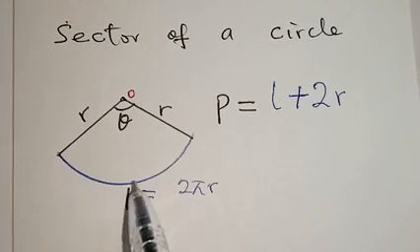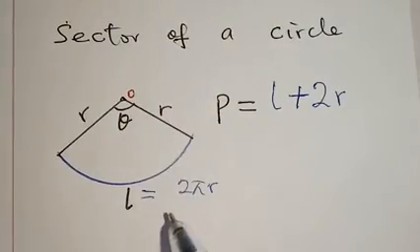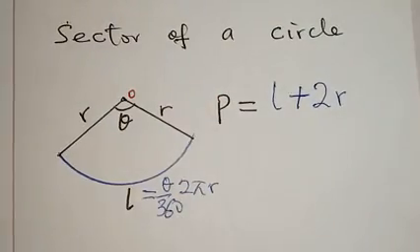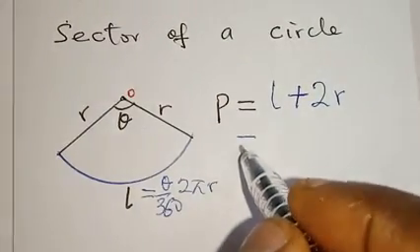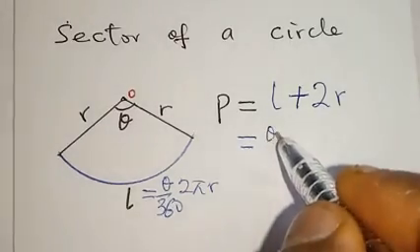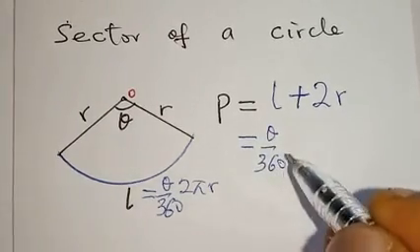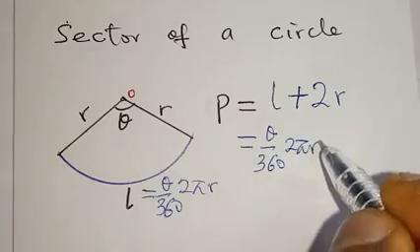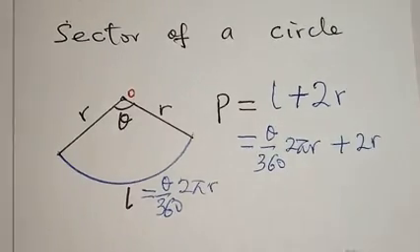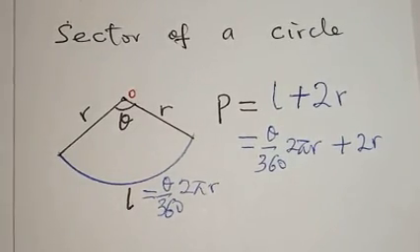But because it is not a complete circle, it's a fraction, we multiply by the fraction. So if I want to write my formula properly, this part is theta over 360 multiplied by 2 pi r, then plus 2r. That is the formula.